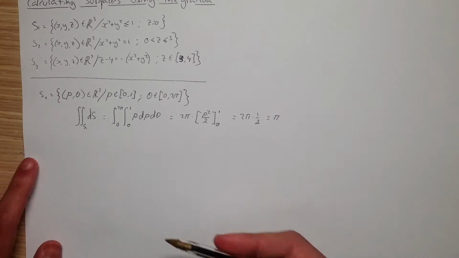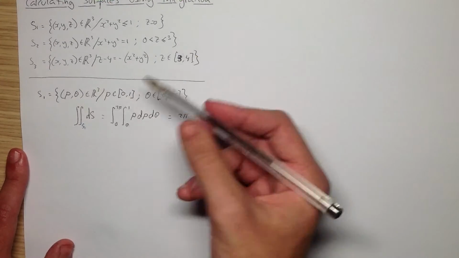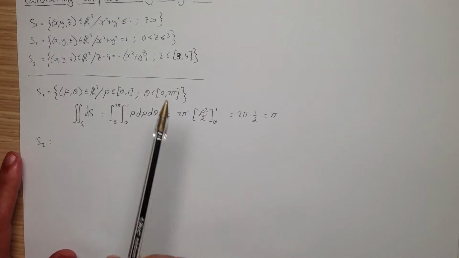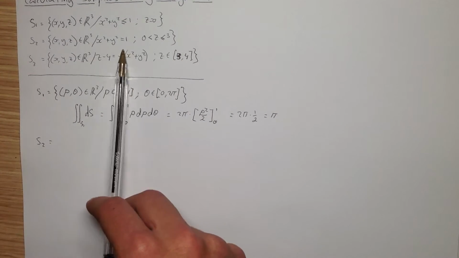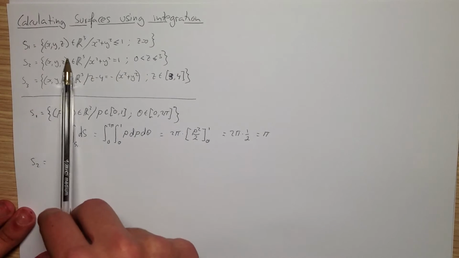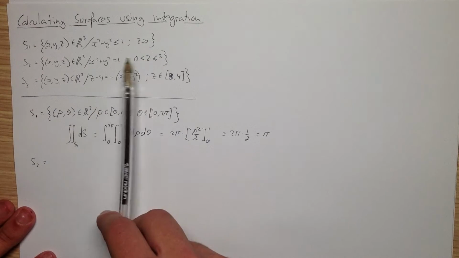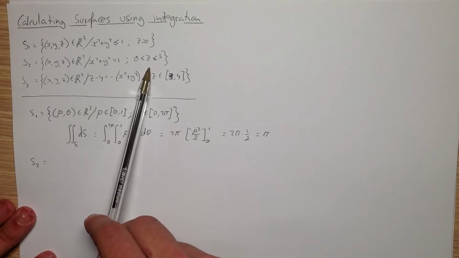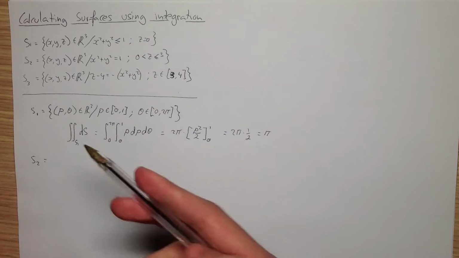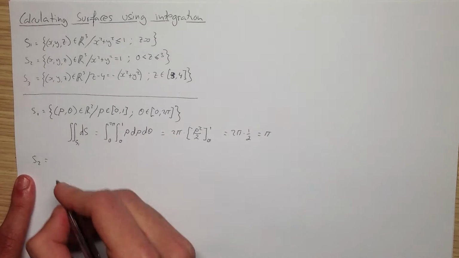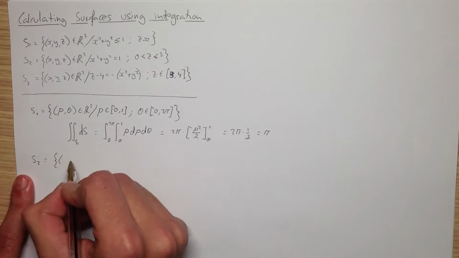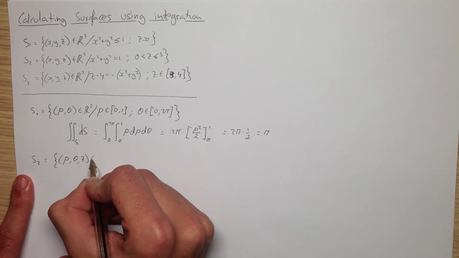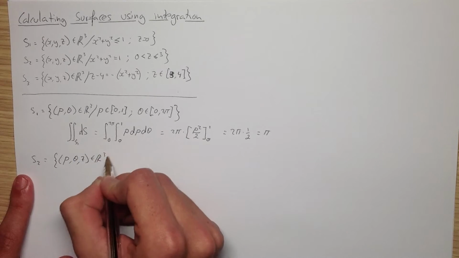Okay, let's take a look at the second domain, S2. In this case, it will be more convenient for us to put this not in polars, but in cylindrical coordinates, as z is defined. So, how are cylindrical coordinates defined? They are defined in terms of rho, theta, and z in R cubed.